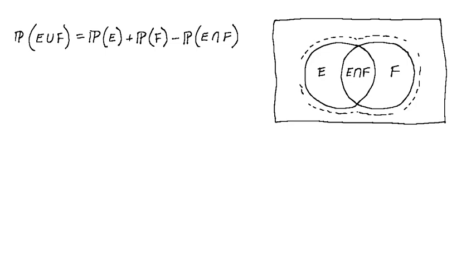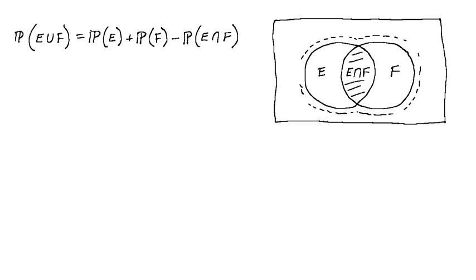Clearly, if we were to only calculate the area of E union F by adding the area of E to the area of F, we'd have incorrectly counted this area of overlap twice. So, to get the right total area, we need to subtract the extra copy of the overlapping area from the sum, which is why we have subtracted P(E intersect F) in the formula.